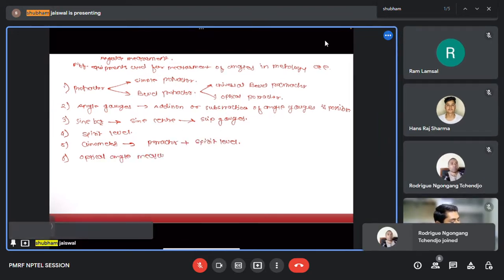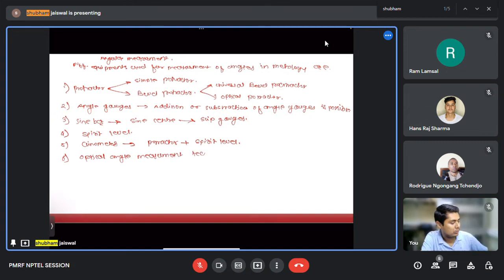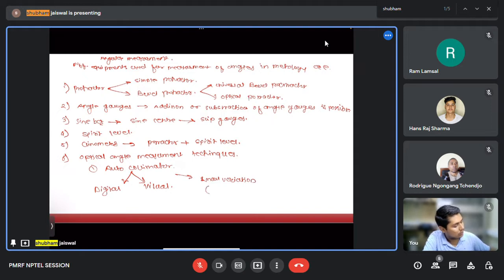The first one is the autocollimator, in which we have seen the digital and visual types. Similarly, a small variation of the autocollimator is the auto-decker.